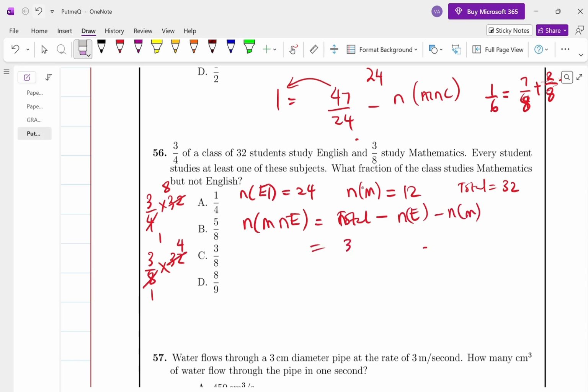So that's 32 minus 24 minus 12. So that will give us 4. So there are 4 students that are doing both of them.